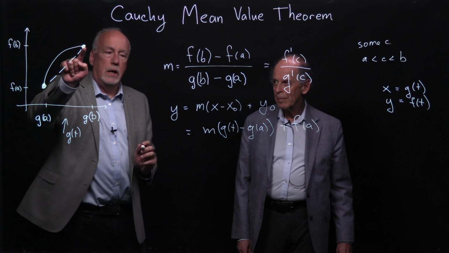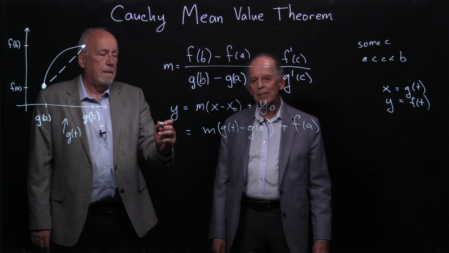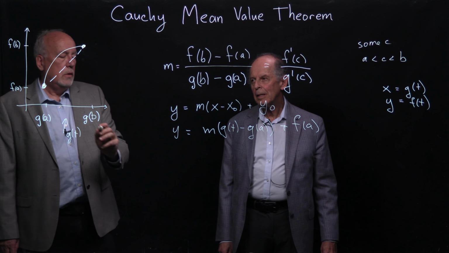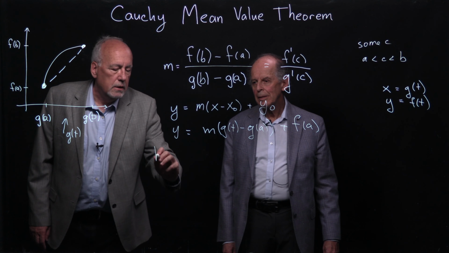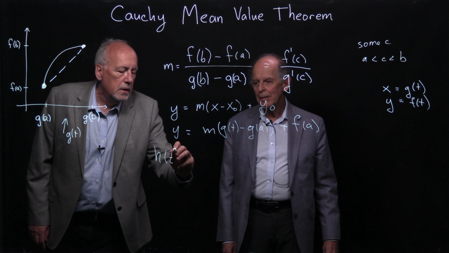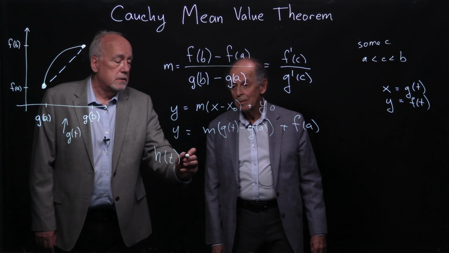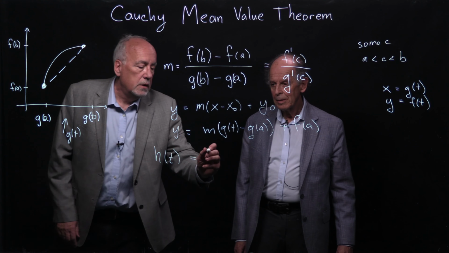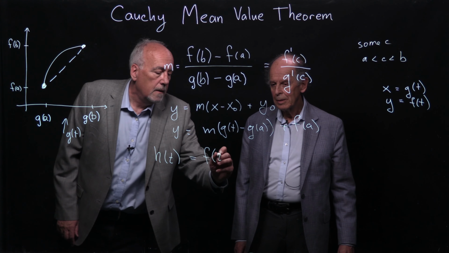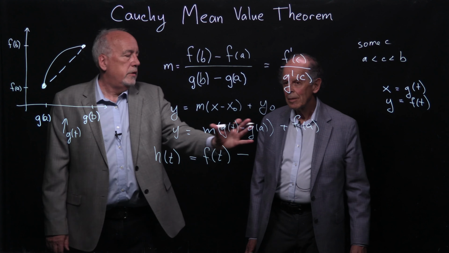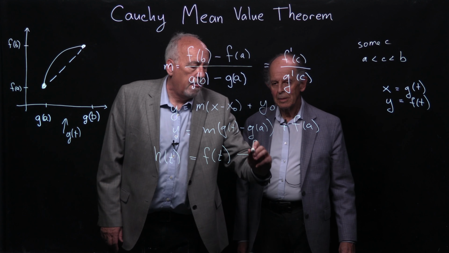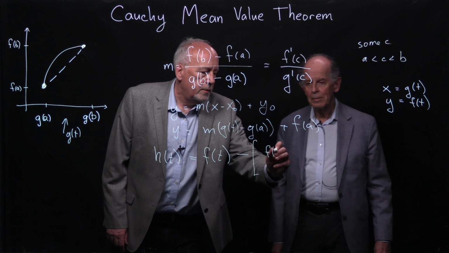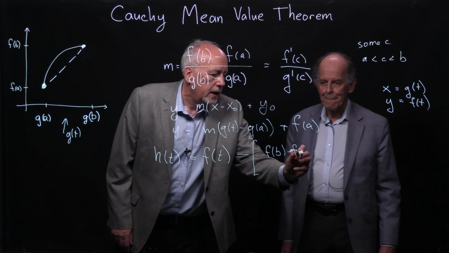So this is this straight line. That's the secant line. And then if I take the difference between here and here, well, maybe I'll call this my little helper function like we had last time, but now it depends on t instead of x. So the top part was my f, so that's f of t. And then I subtract this whole thing. So maybe I'll write it out. F of b minus f of a.